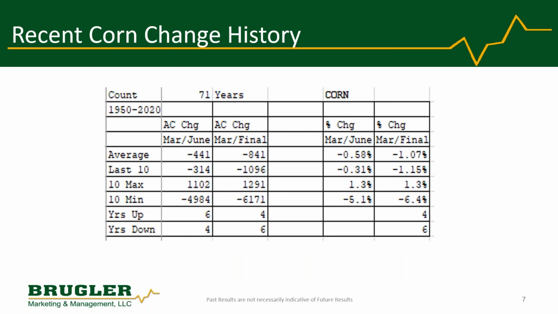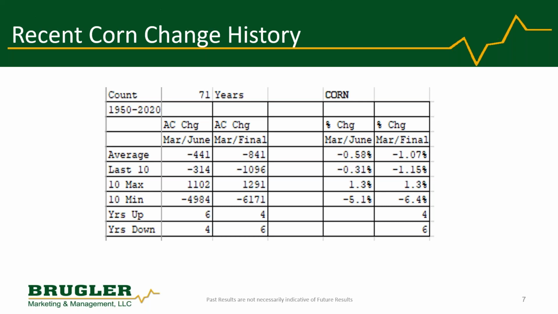And finally, this is a table from what we call Corn Yield 3. It's one of our 1,800 spreadsheets that we maintain. This shows you the last 71 years worth of data for corn acreage. In this first line, the average change from March to June is actually a reduction of 441,000 acres.